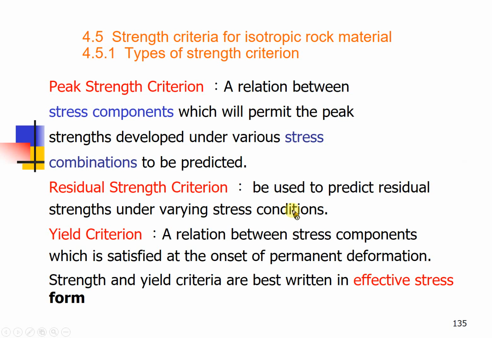For all of the stress combinations where the material attains the residual strength, you will have the residual strength criterion. The yield criterion is related to the plastic strength or the permanent strength.